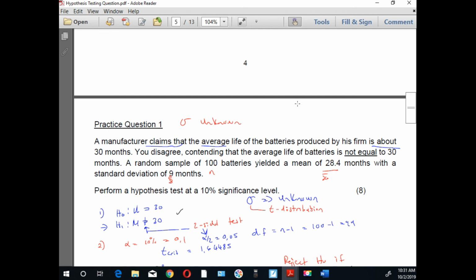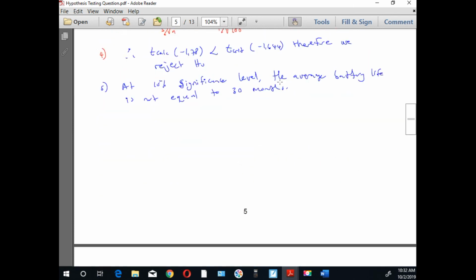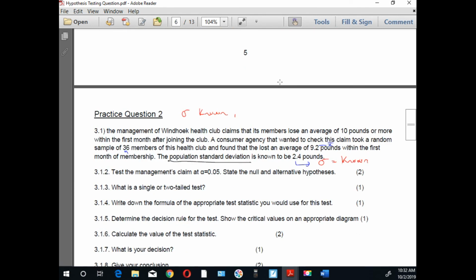So you can see the only difference is the known and the unknown: in one we use the T distribution and in the other we use the Z distribution, and one is a two-sided and one is a single-sided. Very easy to identify.